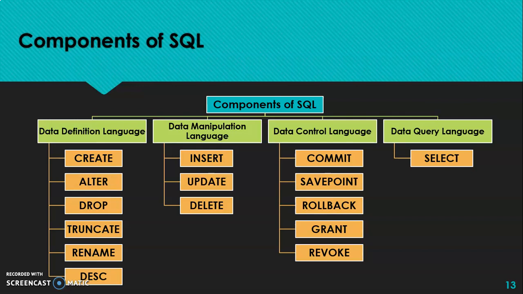Select helps in selecting a set of columns based on certain conditions, or sometimes without any condition. It helps in giving the required output to the user, for retrieving the data.